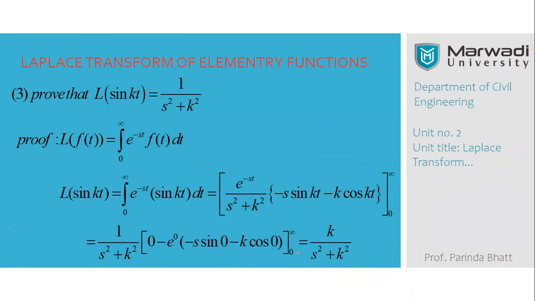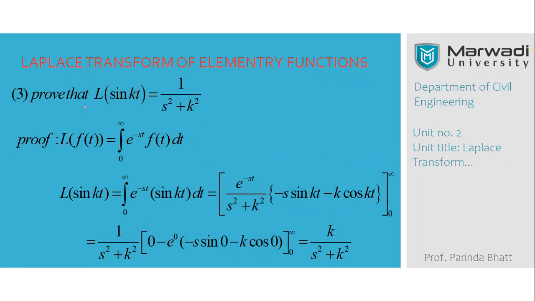Now, as we discussed earlier, the Laplace transform is applicable for piecewise continuous functions and periodic functions. The sine function and the cos function are piecewise continuous as well as periodic functions. Now we find the formula for sine t.